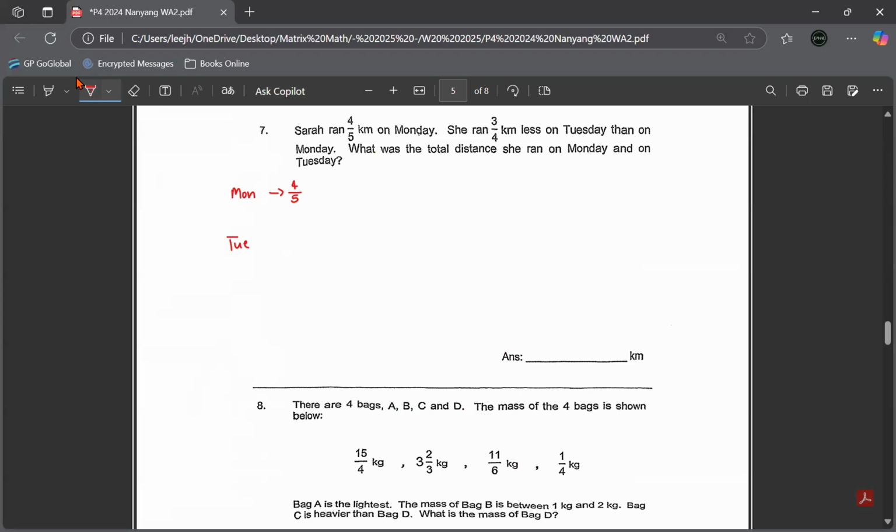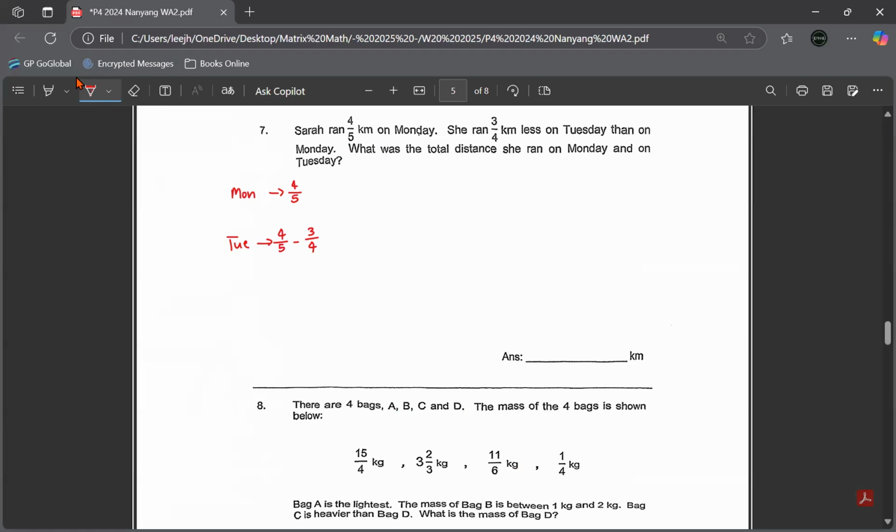So Tuesday, it said that she ran 3/4 kilometer less on Tuesday than on Monday. So the smaller group is for Tuesday. We have to subtract away 3/4 from 4/5. So 4/5 minus 3/4. If you look at the denominators, they are not the same. We have to make them the same denominator.